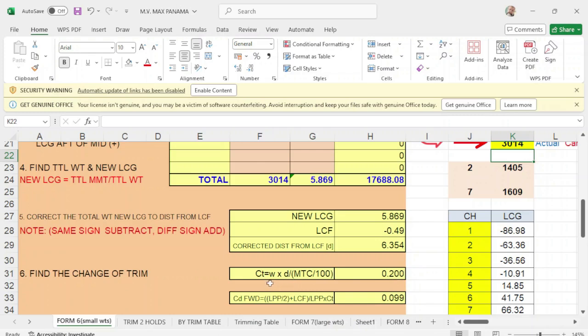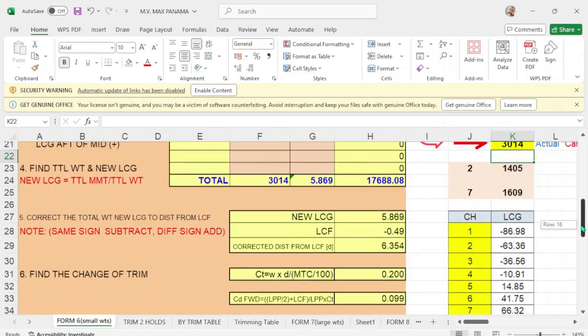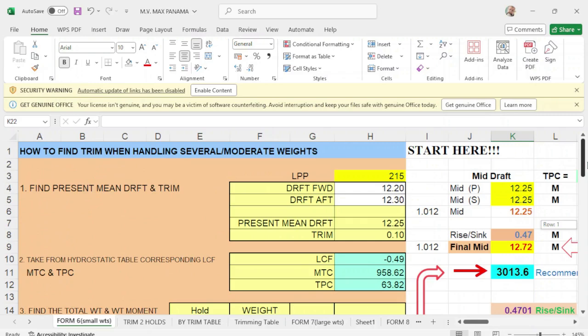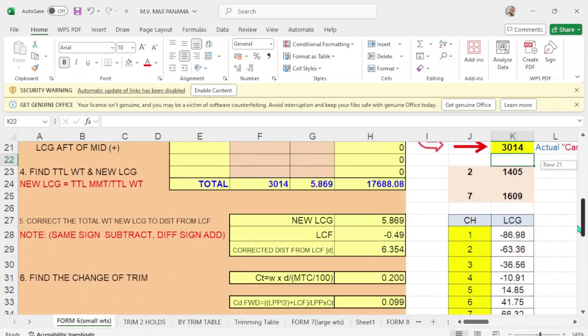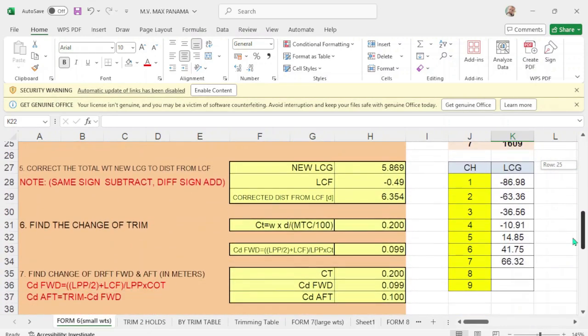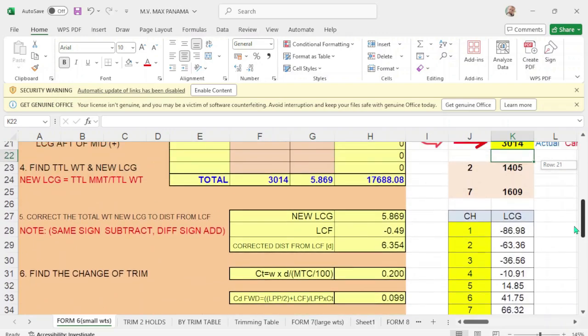Weight, this is 3014. That's your distance, which is this one, over MTC. Your MTC is this one times 100. Times 100, you will get 20 centimeters.